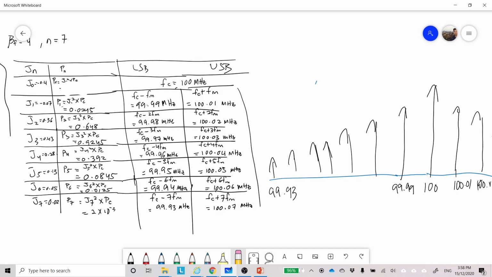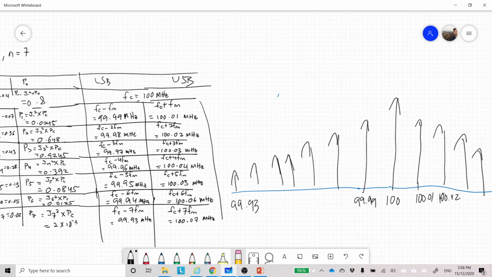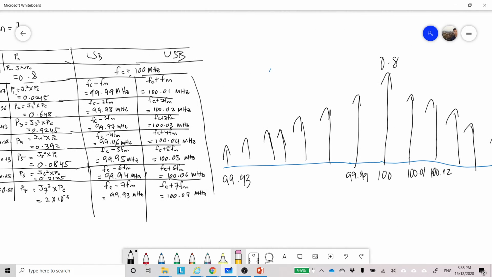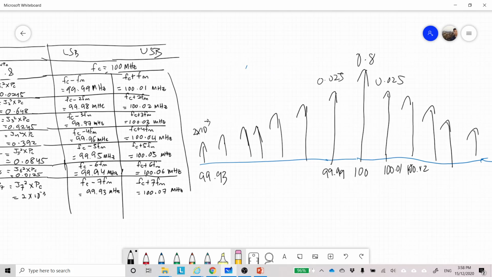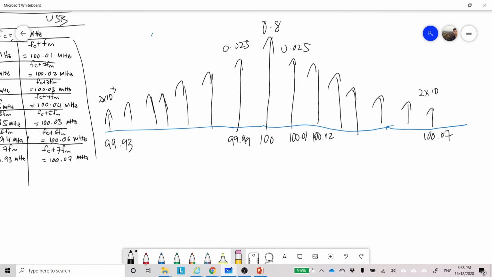Siapa dapat? So 0.4 kuasa 2 darabkan dengan 5, so you akan dapat 0.8. Okay, you will get 0.8, betul. So 0.8 sini, and then 0.025, seterusnya 0.025, 0.025, dan seterusnya sehingga yang akhir sekali adalah 2 mili, 2 kali 10 kuasa negatif 3, sama juga dengan yang di sebelah kanan 2 kali 10 kuasa negatif 3.